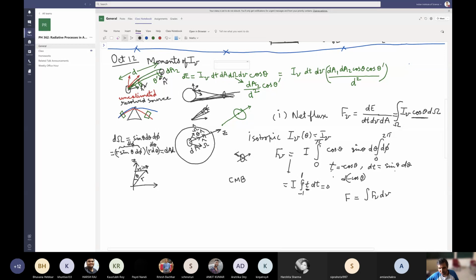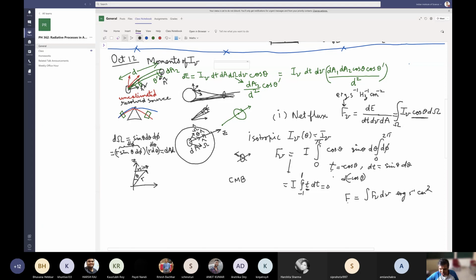Now, what are the units of F nu? The units of F nu would be erg per second per hertz per centimeter square, right? And the units of F would be erg per second per centimeter square, of course, because you have integrated over frequency.